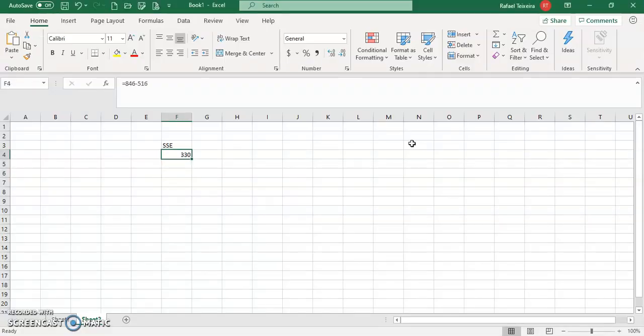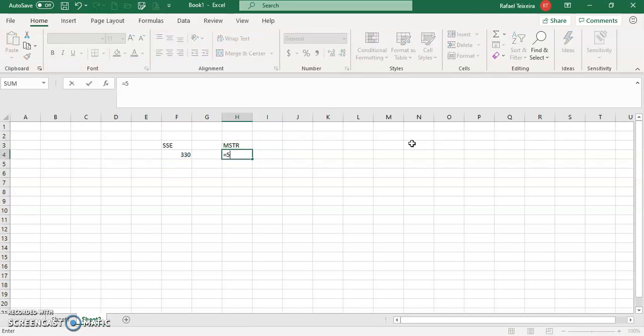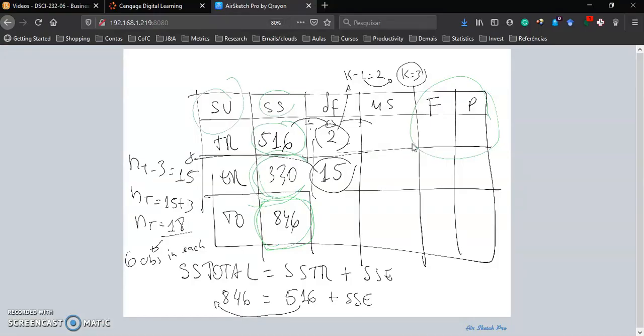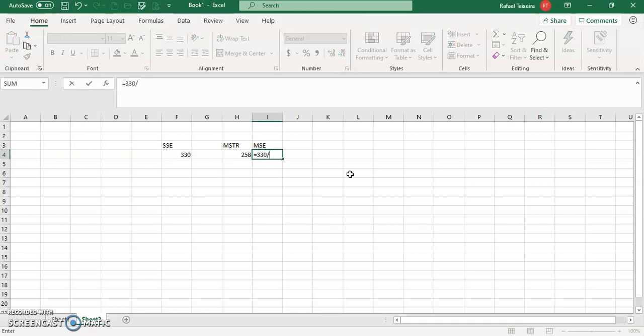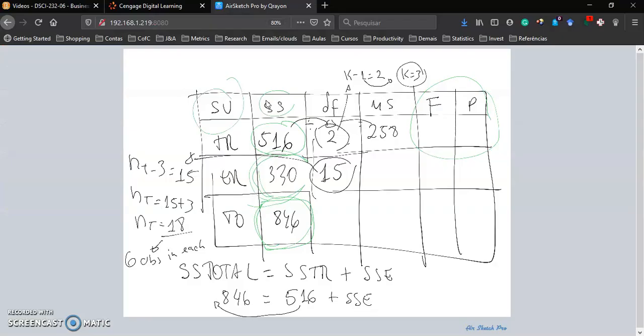Let me put here, mean square treatment is equal to 516 divided by 2, 258. So this number, now I'm going to do 330 divided by 15. So the mean square error is equal to 330 divided by 15, which is 22.